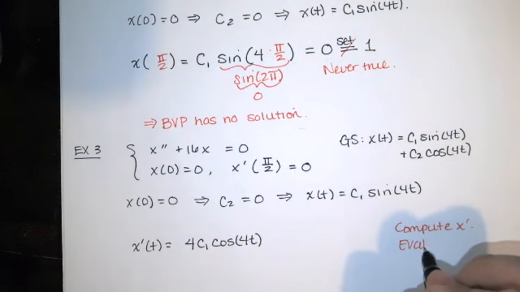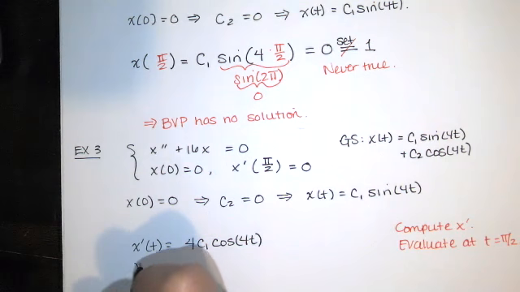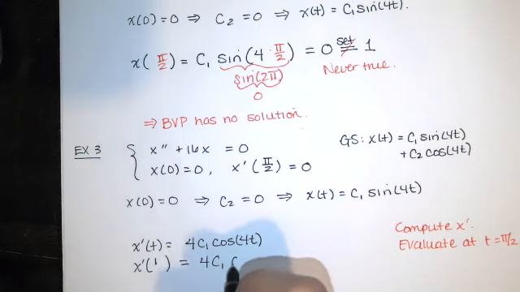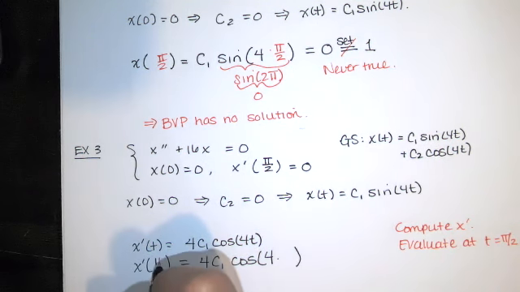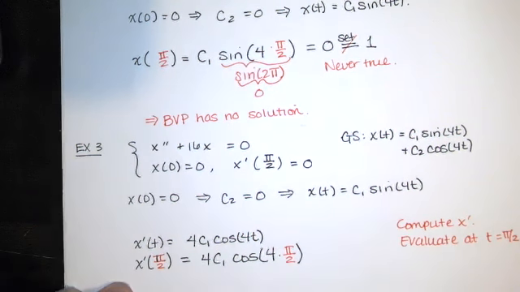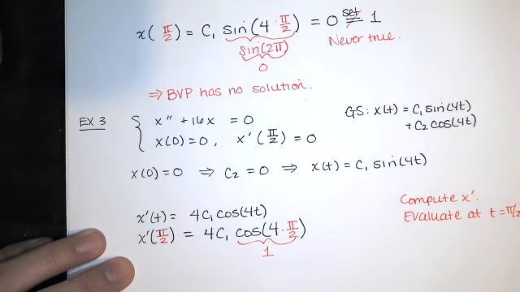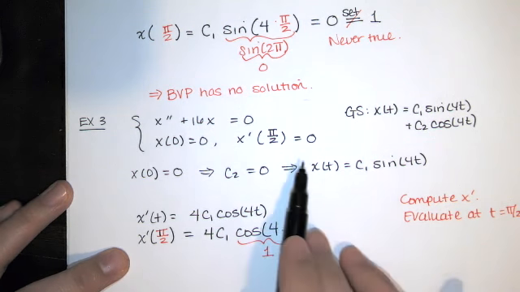Then you want to evaluate at t equals pi over 2. And this is cosine of 2 pi over here, and cosine of 2 pi is equal to 1. So we get 4 times C1 times 1 must be 0.